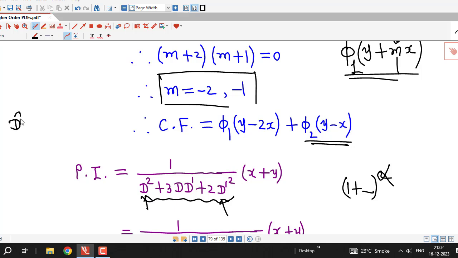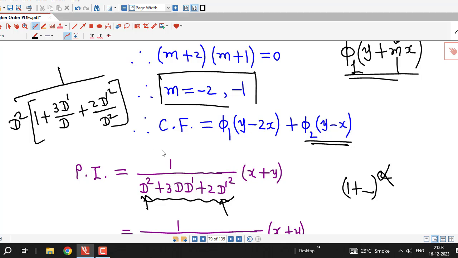If I take D square common, I have to divide each term by D square. 3D D dash divided by D square, that is one D will get cancelled, plus 2D dash square divided by D square. Now we will consider 1 over D square as a separate quantity and apply the binomial theorem for this.